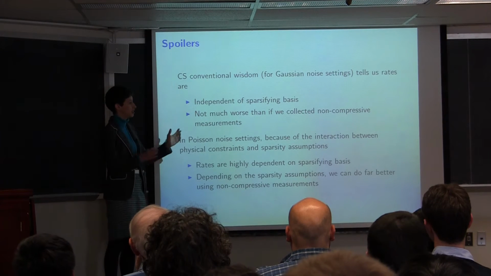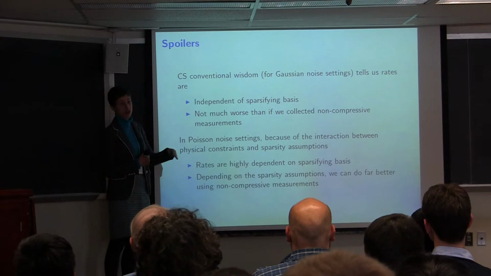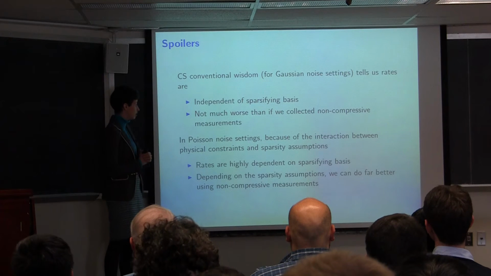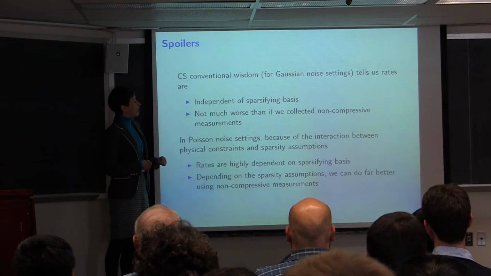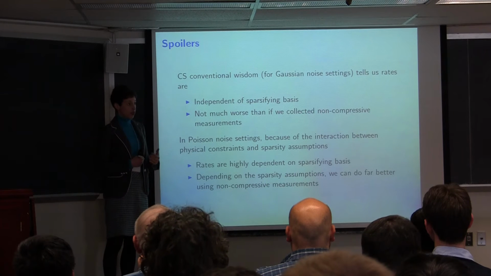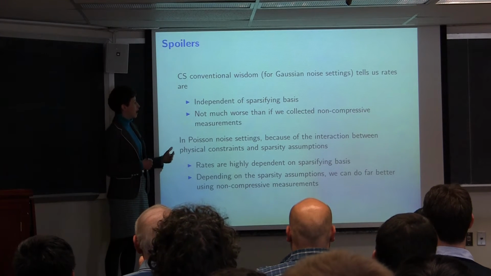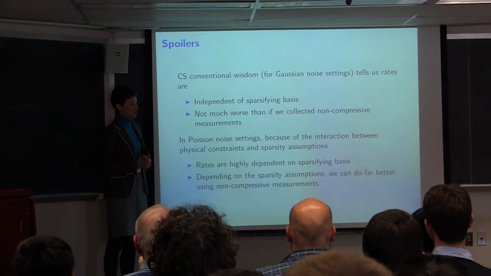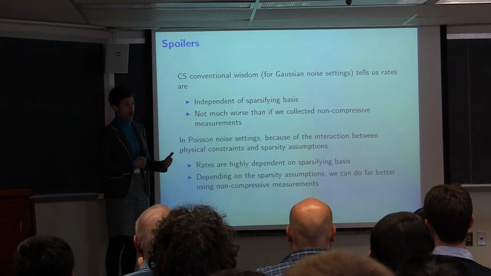So if we're collecting, say, Gaussian ensemble measurements, it doesn't matter if we're sparse in a Fourier basis or a wavelet basis. And the conventional wisdom tells us that we don't do much worse with compressed sensing than we would have done if we had some oracle information about where the non-zero coefficients were and measured them directly.